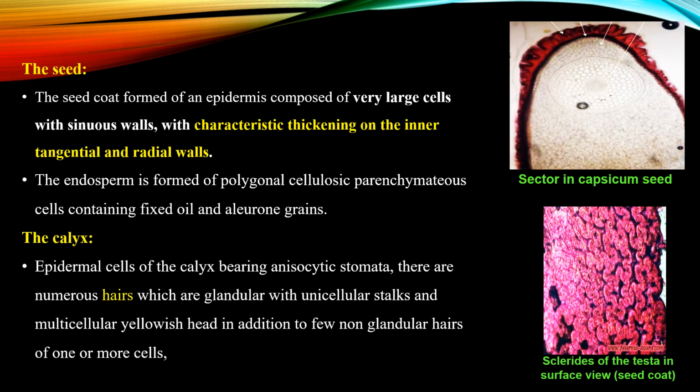The seed has a characteristic appearance at the seed coat, or epidermis of the seed, showing large cells with sinuous walls and very thickened outer and inner tangential radial walls, which give a characteristic appearance in surface view.